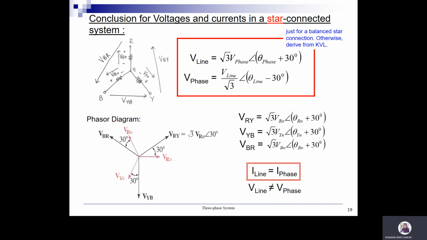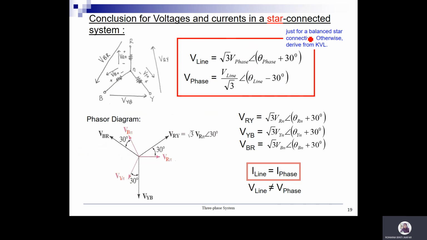The conclusion for voltage and current in the star connected system is what we want: V line is equal to root 3 V phase with angle plus 30. You can rearrange to get V phase: V line over root 3, with minus 30 degrees.